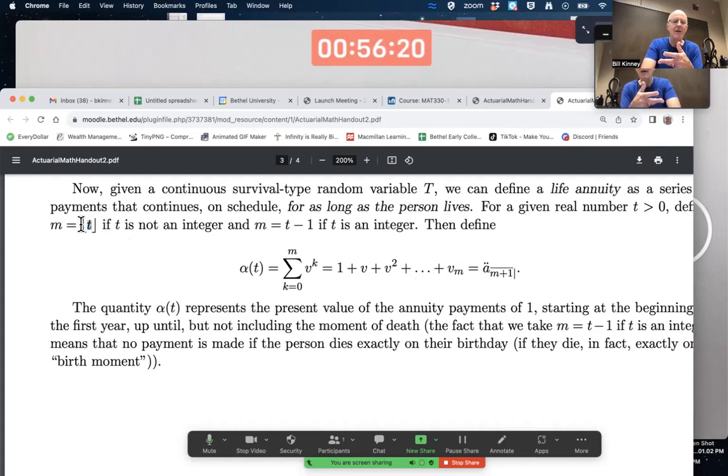If you die right on your birthday, t is an integer, well, you only paid a premium payment up through your last birthday, effectively, is what this is saying. If you die halfway between one birthday and the next, or a quarter way or whatever, your last premium payment was at your last birthday. You're making premium payments at your birthday to keep things simple.